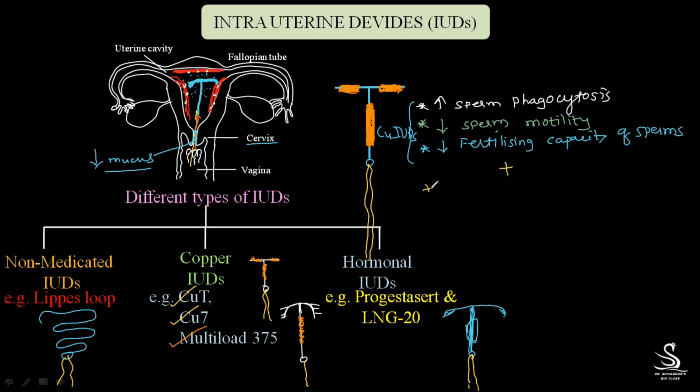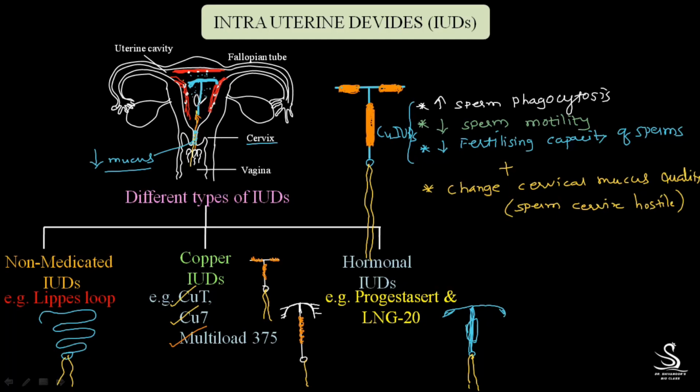Okay. Another role is they are going to change the cervical mucus quality. It means they are going to change the sperm-cervix hostility. Whenever the quality of the cervical mucus changes, sperms are not able to enter. Even so, suppose some sperms do enter the uterus, what will happen then?